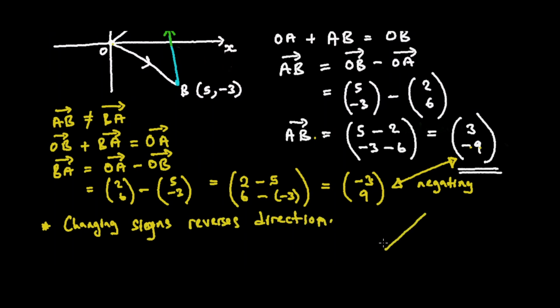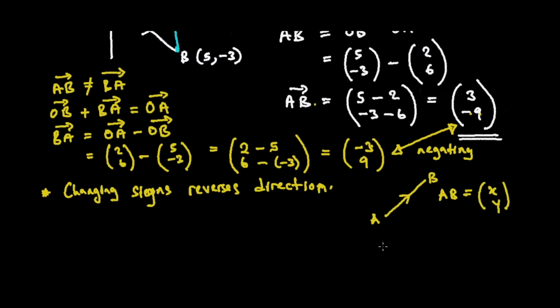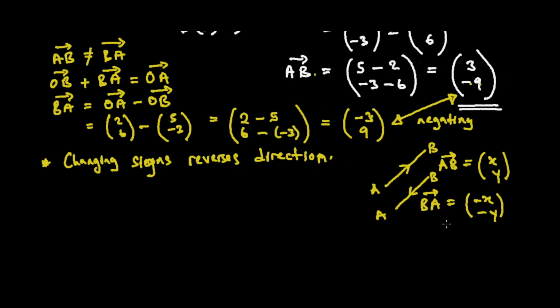For example, kana tina AB akadai so, tikati AB are equal to (x, y), zvinoreva kuti kana iri the same vector but this time ava BA anenge angorichi (minus x, minus y). Mapaona? Saka tikangochinja sign ya 3 to minus 3, sign ya minus 9 to 9, tinenge tato reverse direction.